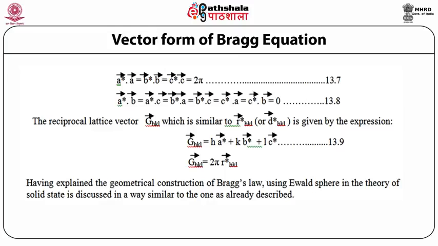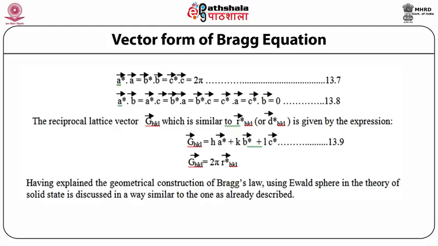Similarly, A star vector dot B vector is equal to A star vector dot C vector is equal to B star vector dot A vector is equal to B star vector dot C vector is equal to C star vector dot A vector is equal to C star vector dot B vector is equal to 0, which is given as equation 13.8.